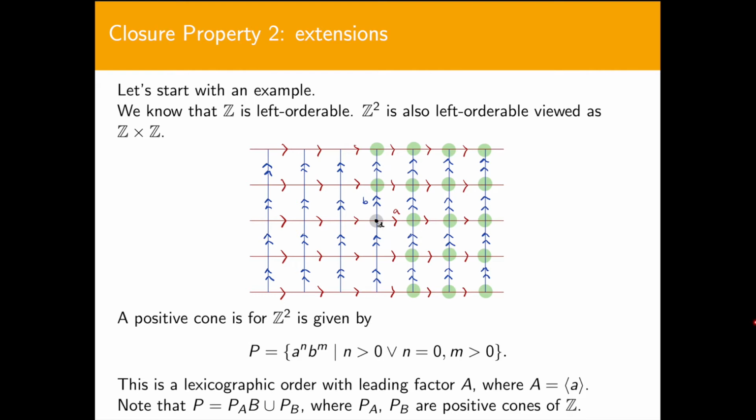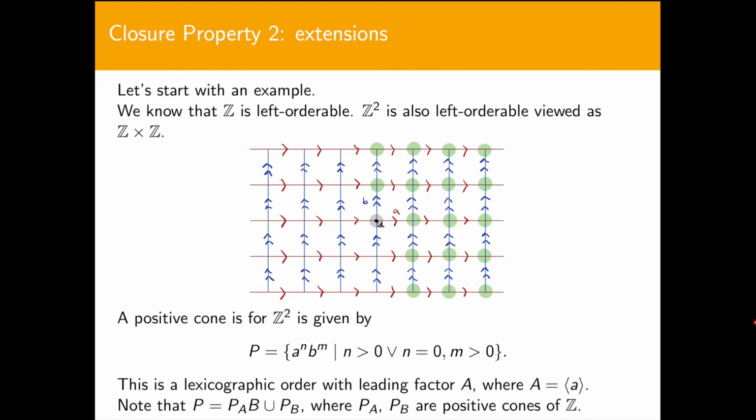So we know that Z is left-orderable, and actually Z squared is also left-orderable when viewed as Z extended by Z. So here I've drawn the lattice for Z squared, which is generated by a and b, where the cyclic group generated by a is Z and the cyclic group generated by b is Z. Now, a positive cone for Z squared is given by a^n b^m where n is positive, or n is equal to 0 and m is greater than 0, which is all the green dots in my diagram.